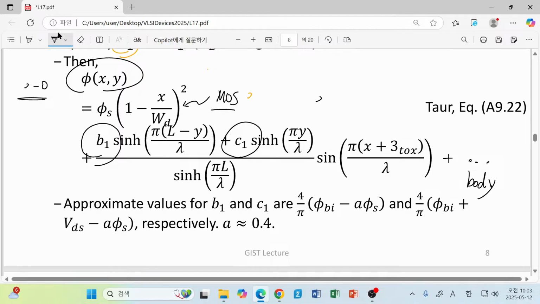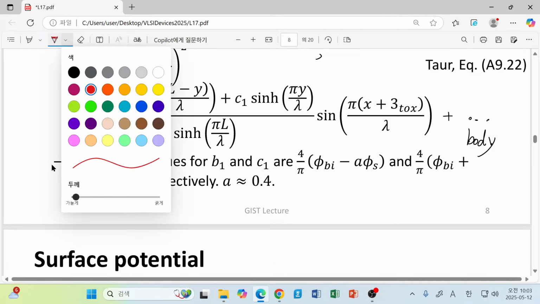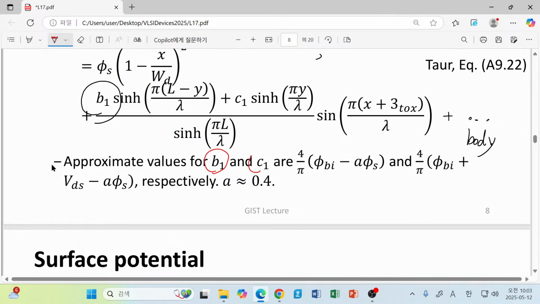Okay, and here you can see that the textbook says the approximate values for B1 and C1 are given this way. Here, as I told you before, phi BI is around 1 volt, and phi S really depends on your gate voltage.